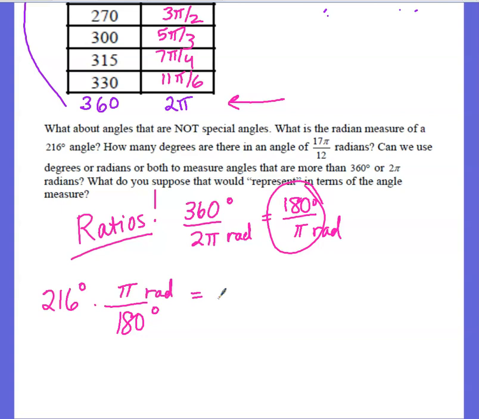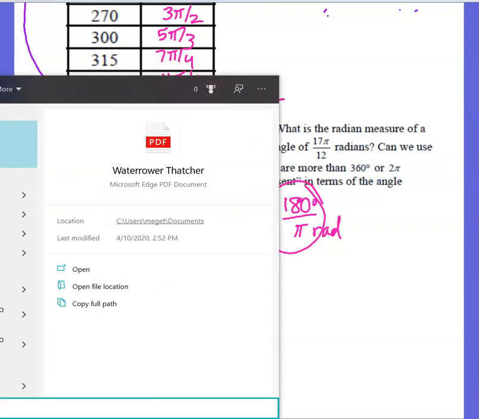Then I can reduce that fraction, which I'm doing right now in my calculator. I'm putting in 216 over 180, and then hitting my math to frac button. Maybe you guys aren't familiar with that, so let me pop out my graphing calculator real quick and show you.